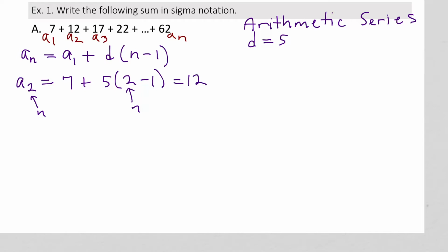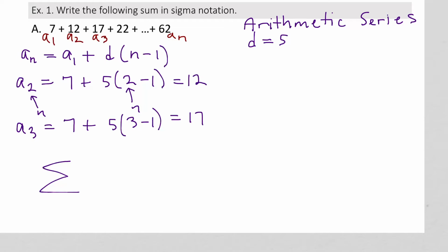Okay, so that worked. So let's try it for one more term. A sub 3 would be a sub 1 plus 5 times 3 minus 1. 3 minus 1 is 2. 2 times 5 is 10. 10 plus 7 is 17. Okay, so that works.